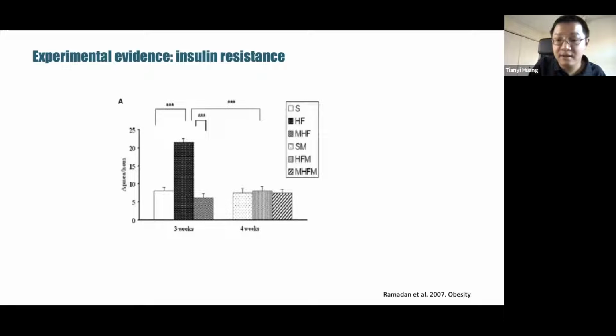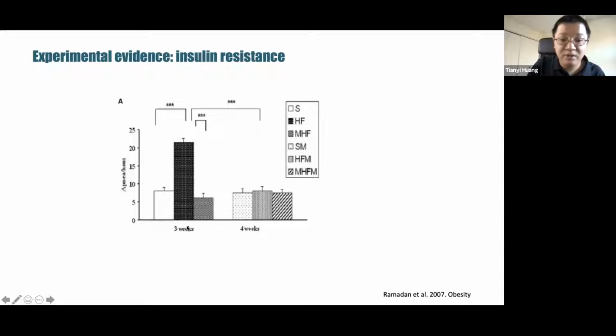So this is a mice study in which they have three groups of experimental mice. The S group is the mice receiving a standard diet, the HF group includes the mice receiving a high fat diet, and the MHF group is the group that receives a high fat diet concurrently with metformin.